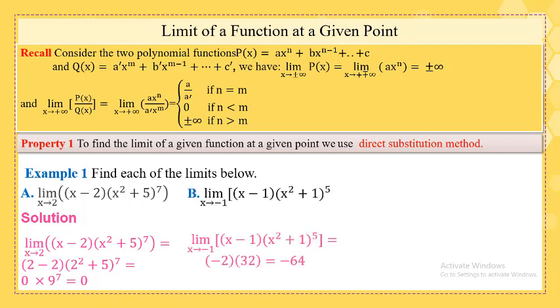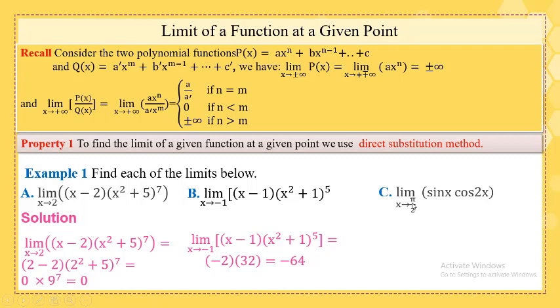Second one, the limit of (x minus 1) times (x squared plus 1) exponent 5 as x tends to minus 1 will be (minus 1 minus 1) times (minus 1 squared plus 1) exponent 5, that is minus 64.